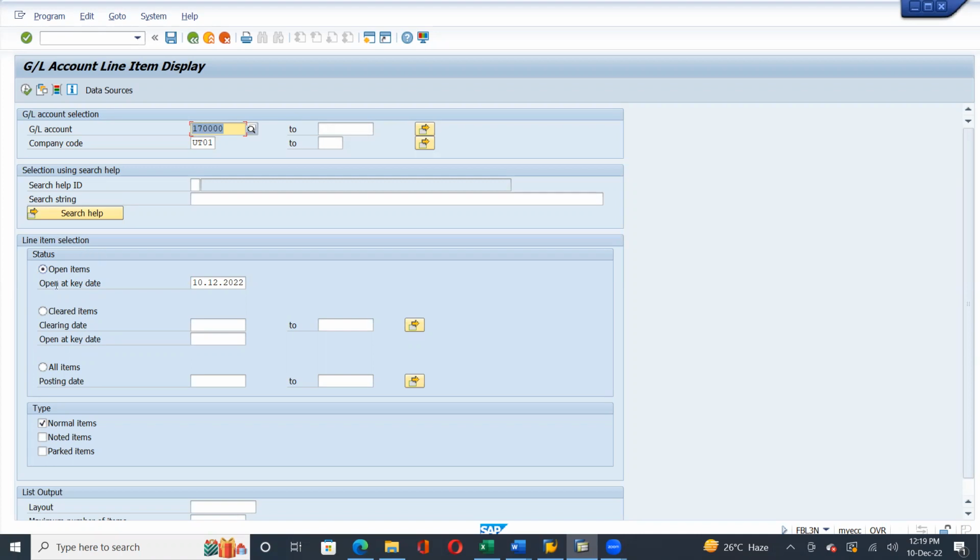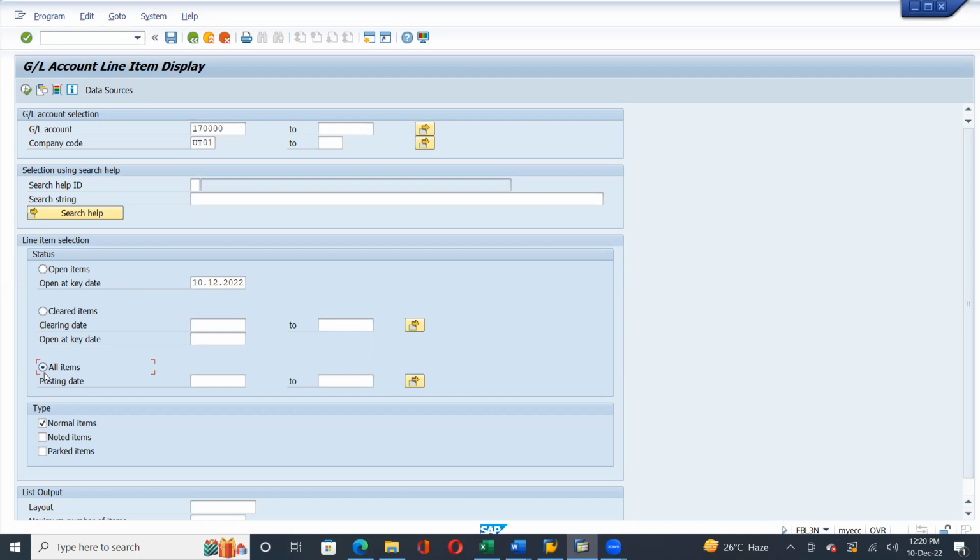Those come under open items. Cleared items are those which we paid or cleared. Cleared could mean paid or cleared manually, and that will show under cleared items.